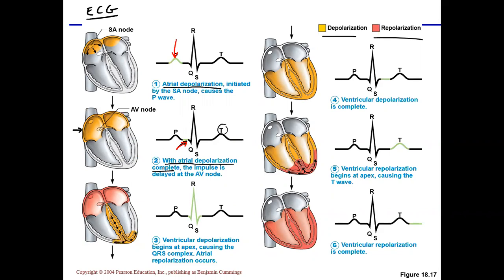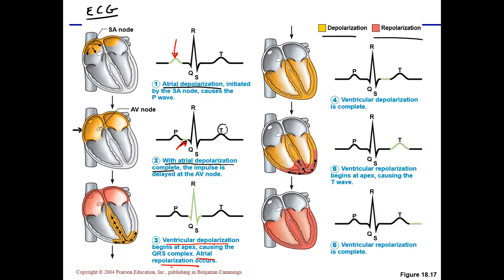All right, now we're going to the third phase. The third phase is ventricular depolarization. QRS corresponds to ventricular depolarization. So again, take a look. The signal or action potential is coming in from the bundle of His to the Purkinje fibers, and they are about to spread. But at the same time, atrial repolarization is occurring.